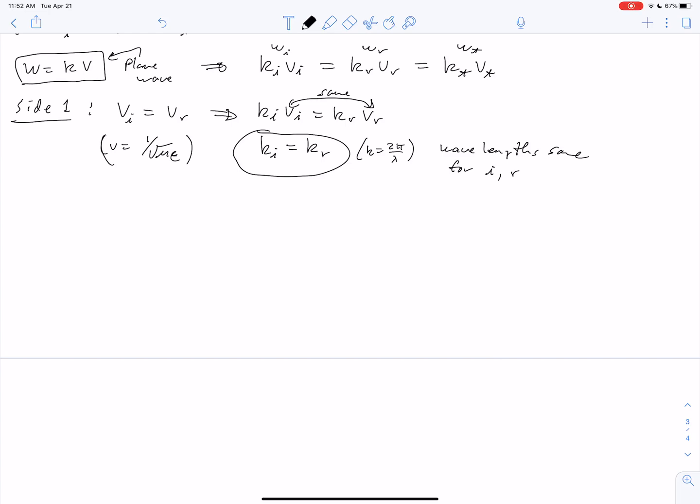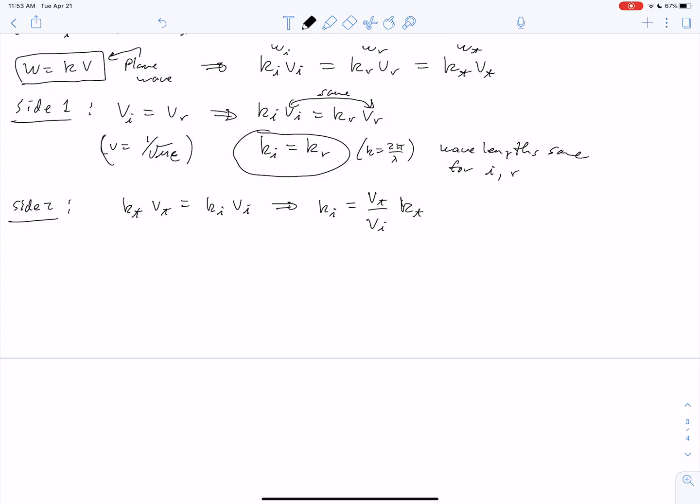Now we go to side 2, and for the transmitted wave we see that Kt Vt is equal to Ki Vi. That means I can write the incident wave vector magnitude Ki as equal to Vt over Vi times Kt.